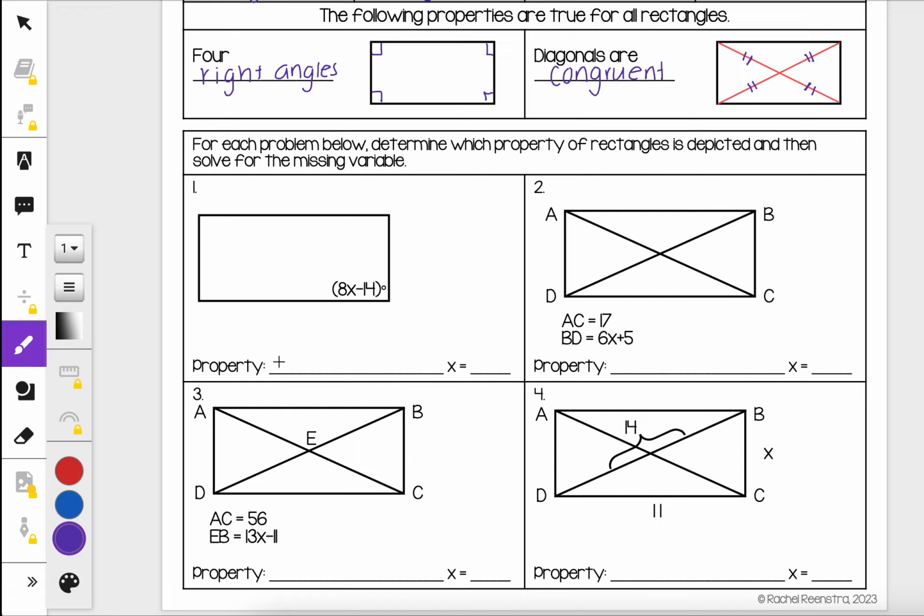So I'm going to be using the property that a rectangle has four right angles, which means I can set 8x minus 14 equal to 90. I'm going to add 14 to both sides. So 8x equals 104, and divide by 8, and x equals 13.